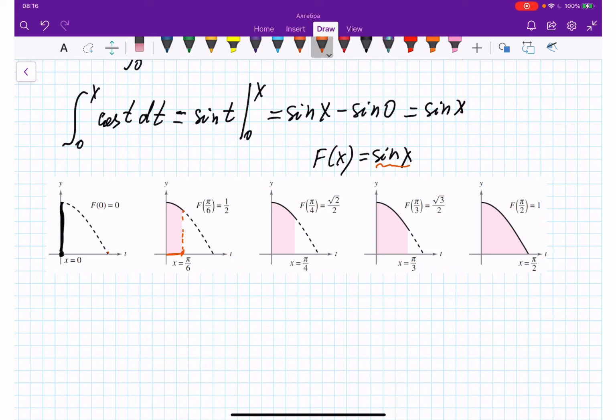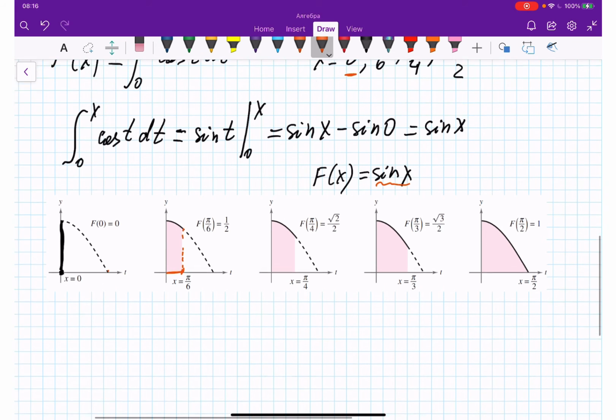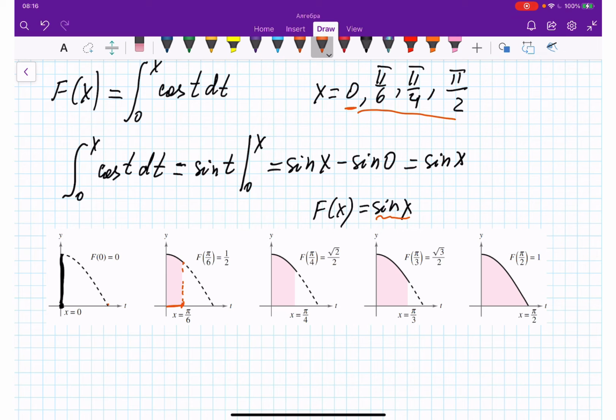Next, x is equal to pi over 4. I'm taking the values from here. So 3.14 divided by 4 is equal to 0.78. As you can see, here it was 0.523, and here it is 0.785. It's increasing, right?